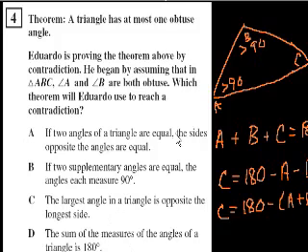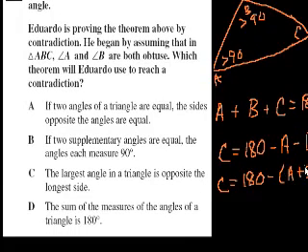Now, let me ask you a question. If we assume from the get-go, as Eduardo did, that both A and B are greater than 90 degrees, what's A plus B going to be at least greater than? If this is greater than 90 and that's greater than 90, then A plus B is greater than 90 plus 90, so this has to be greater than 180.